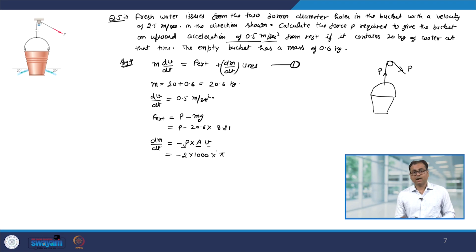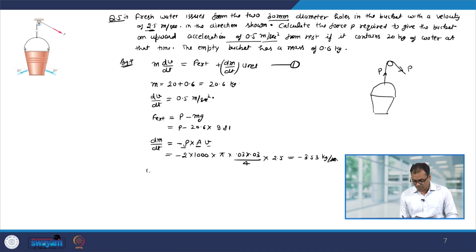Area is pi r square, but here the diameter is given, which is 30 mm, so multiplied by pi times 0.03 into 0.03 divided by 4, into the velocity of the liquid, 2.5 meter per second. This comes out to be minus 3.53 kg per second.